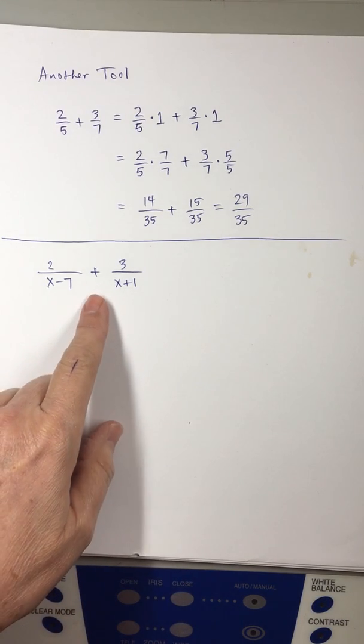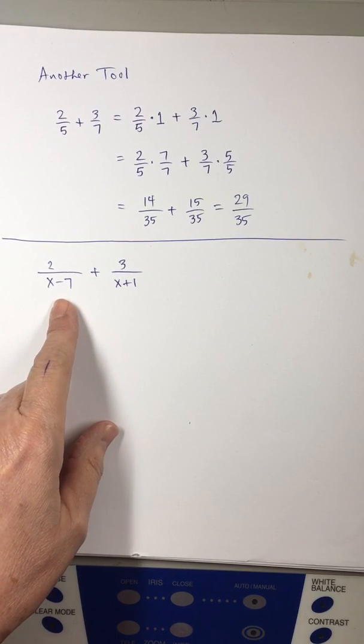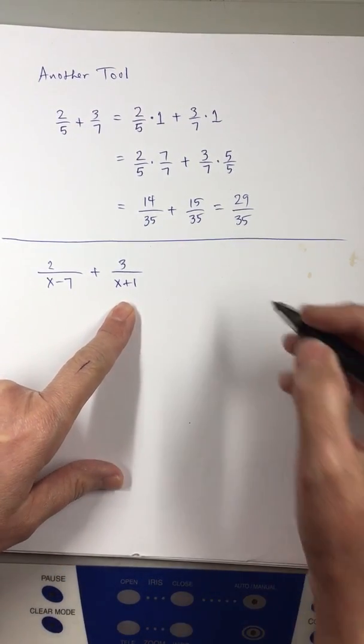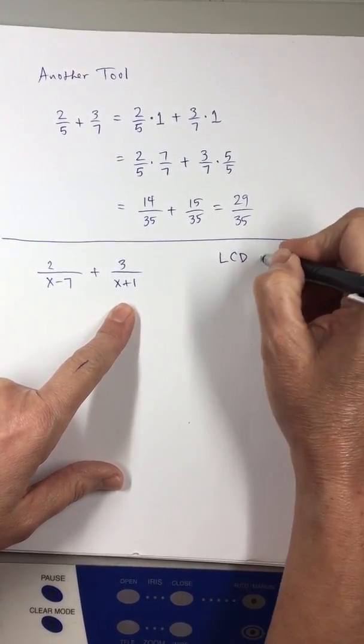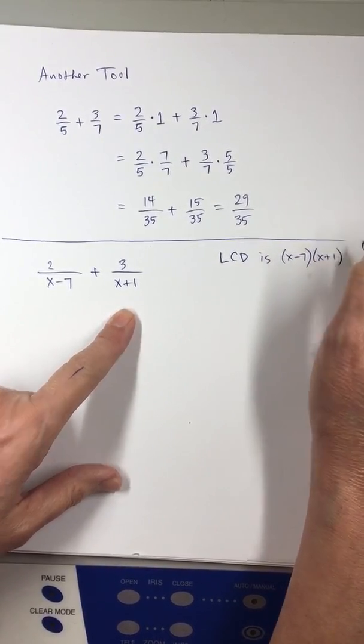So I'm looking at this one. What's the common denominator? X minus 7 times x plus 1. So I'll write this on the side. LCD is x minus 7 times x plus 1.